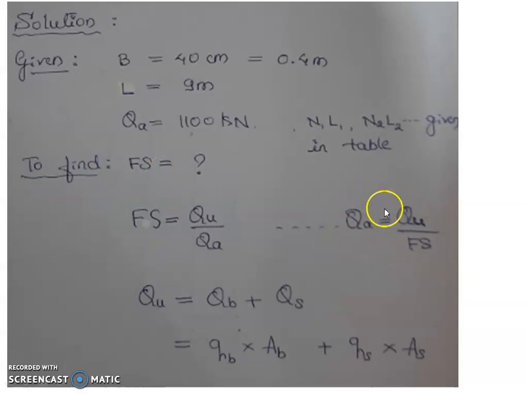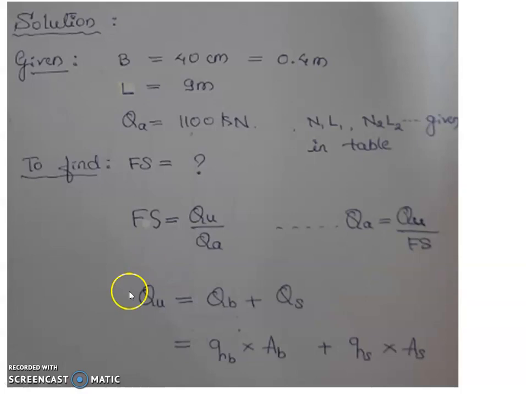We know that allowable load can be found out using ultimate load divided by factor of safety. But in this problem we are asked to find factor of safety, so we will find out factor of safety using equation QU divided by QA. In the problem the value of QA is given and we have to find out what is QU.